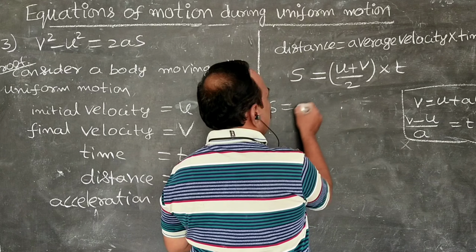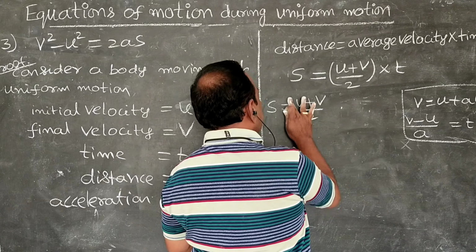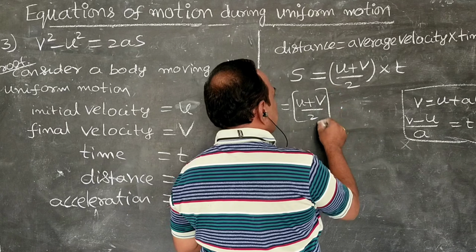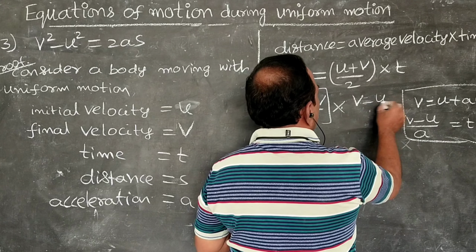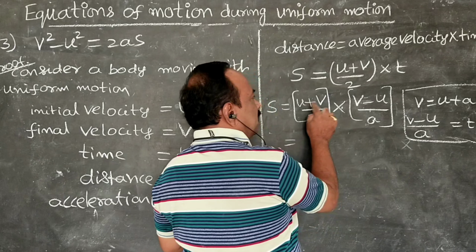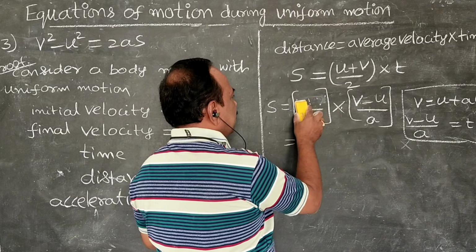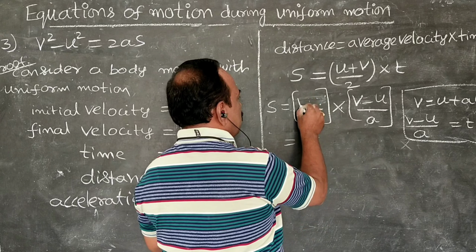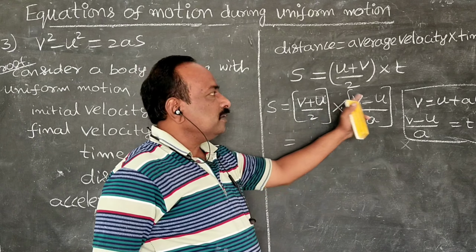So here s equal to (u plus v) by 2, into t, in place of t, (v minus u) by a. So this will be written as (v plus u) by 2 into (v minus u) by a.